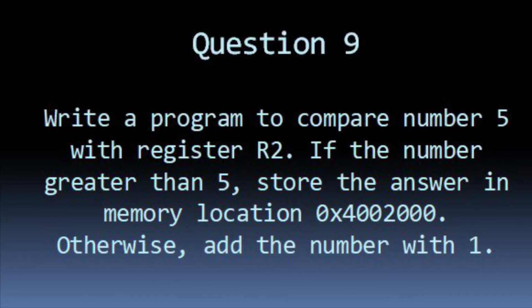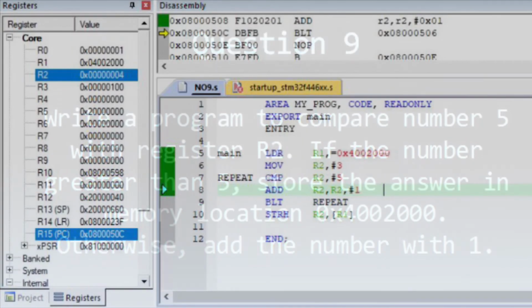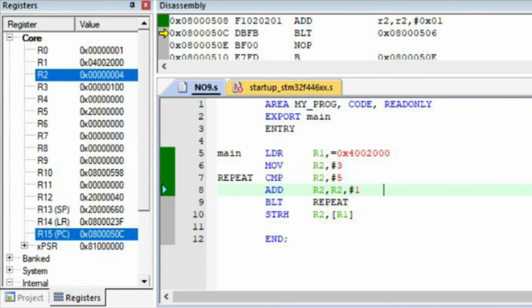Last question, question 9. This question asks to compare the number 5 with register R2. So I declare LDR R1, 0x4002000. Next MOV for R2, I choose 3.